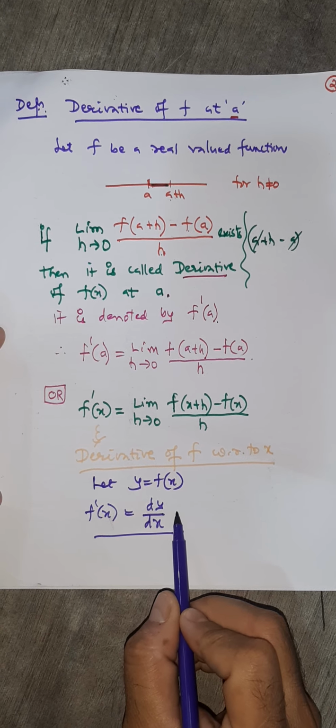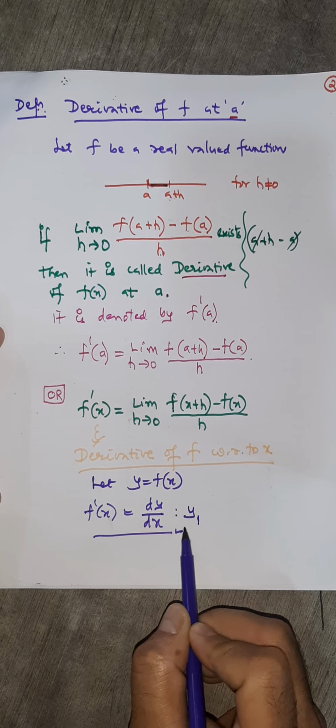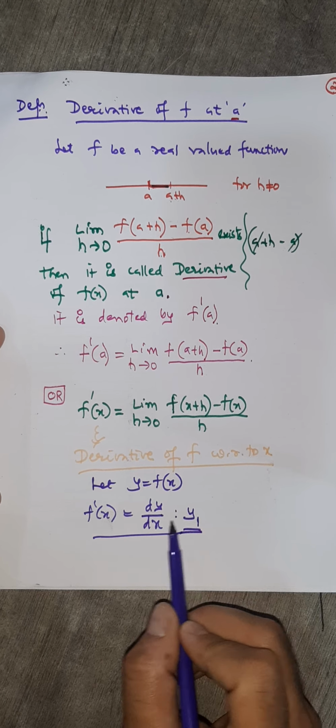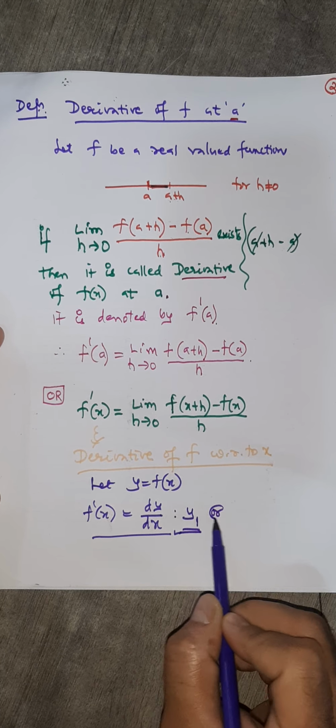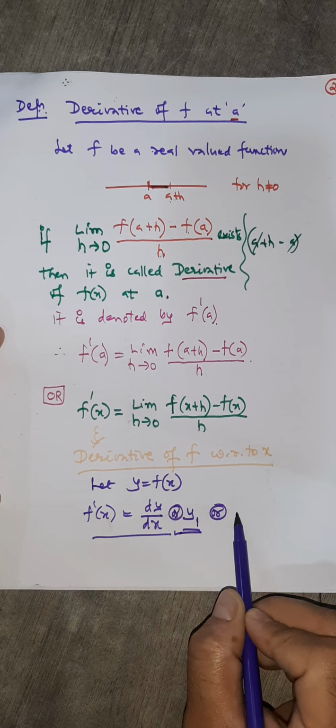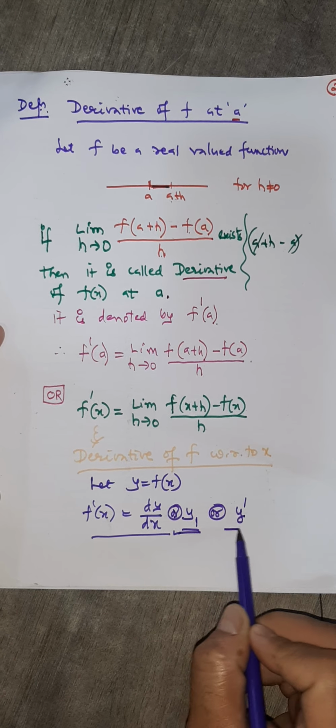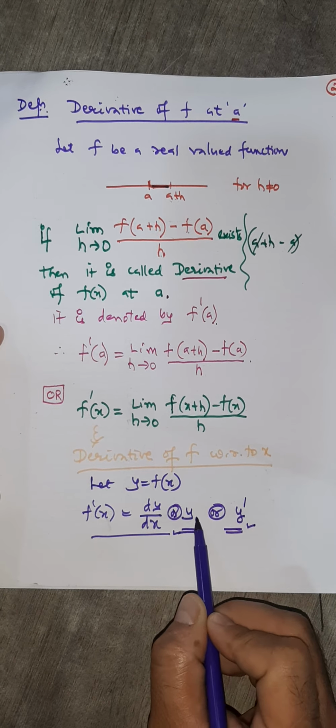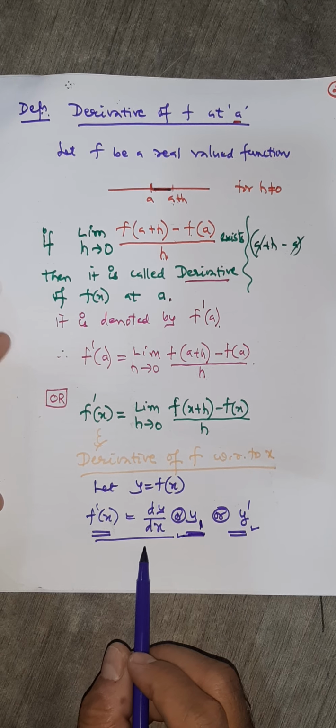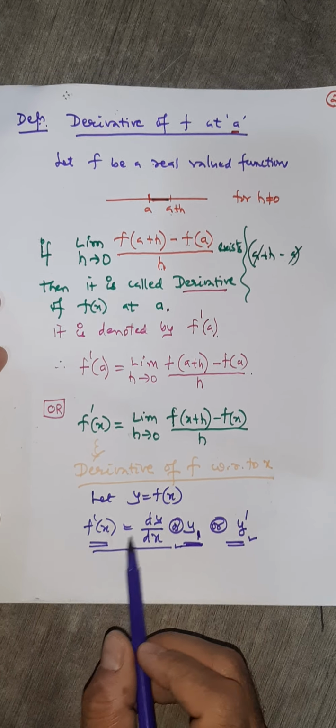This is also sometimes denoted by y1, which means the derivative of y with respect to x. Or y dash. So y dash, y1, dy by dx or f dash x are all standard notations for the derivative. Fine. I hope this is clear to you.